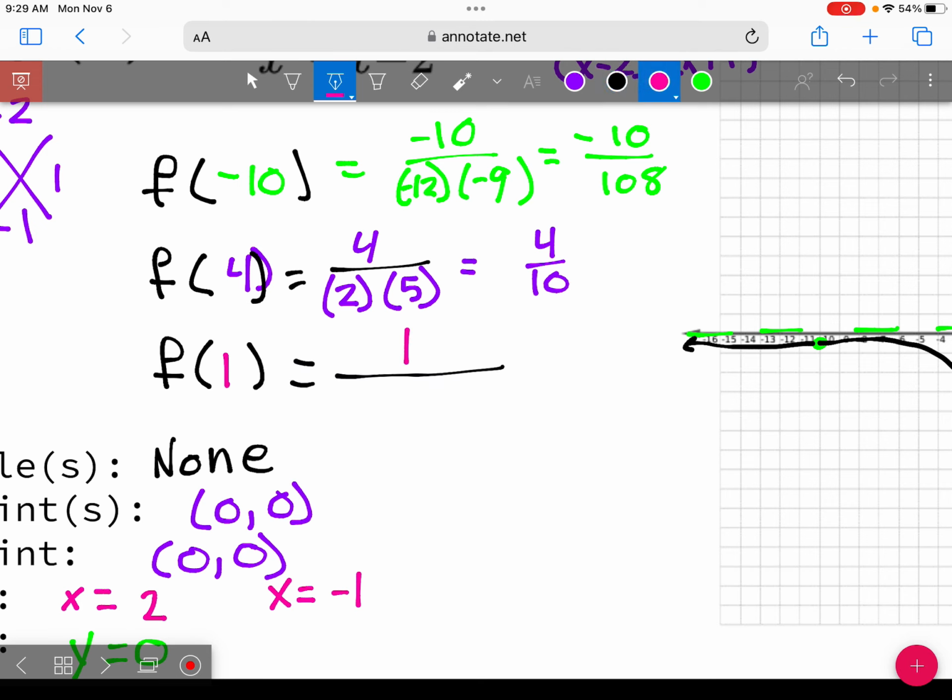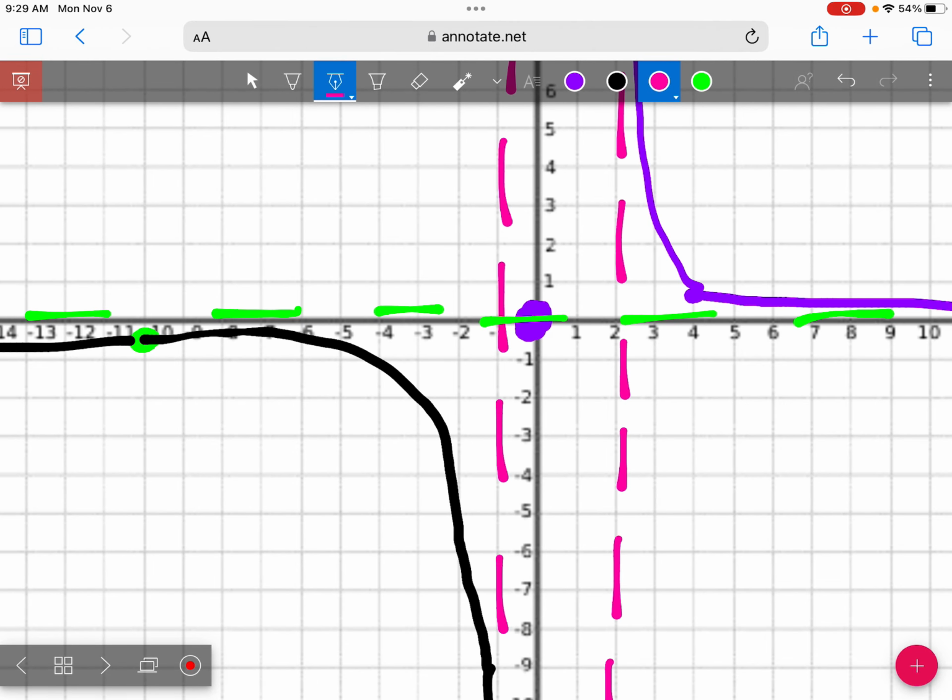So we have 1 over 1 minus 2, which is -1, and 1 plus 1, which is +2. So 1 over -2, right? So when x is 1, y is... no, I'm sorry. When x is 1, y is -1/2, which gives us a point right here.